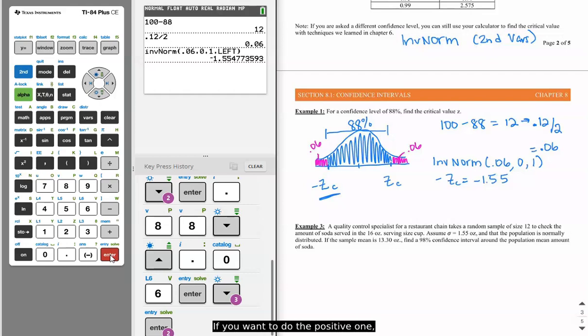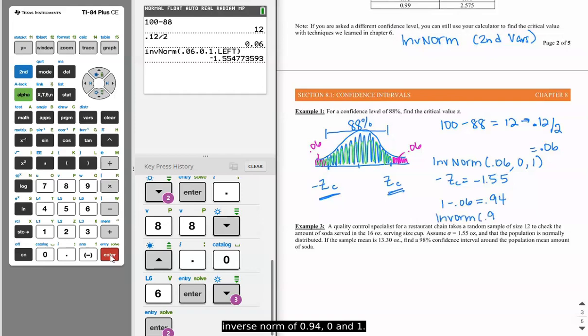So if you want to do the positive one, what you can do is think about what is the total area. I'm going to do this in green. If I think all of this here would basically be the area we want to put in for the inverse norm. So I could do 1 minus 0.06, which would be 0.94, and I could do that for my inverse norm.